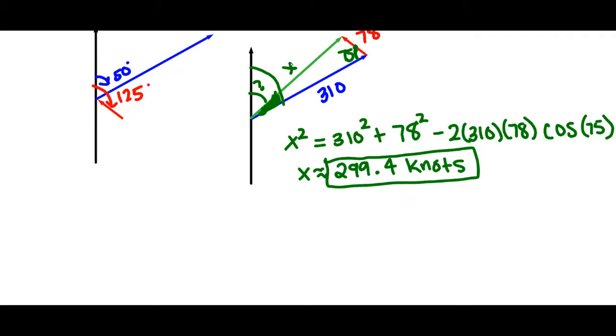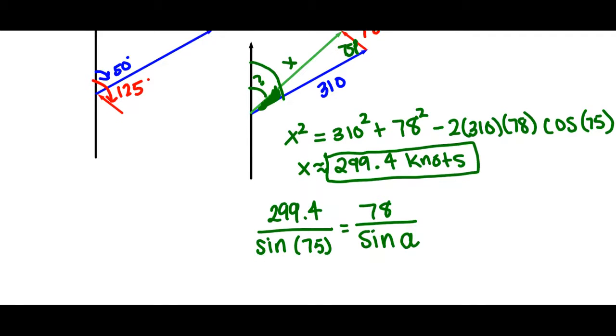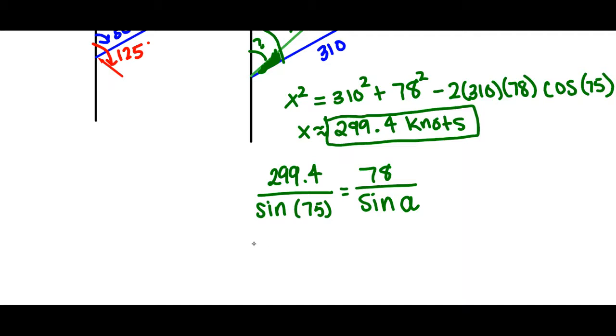The law of sines will say that this side, x, which is 299.4 over sine 75, equals the side opposite this one, which is 78, over sine A, I'm going to call it A because I don't know what it is. Cross multiply.